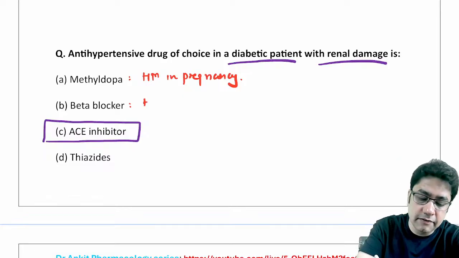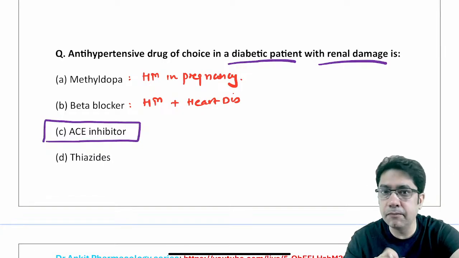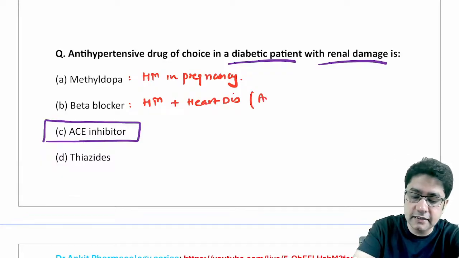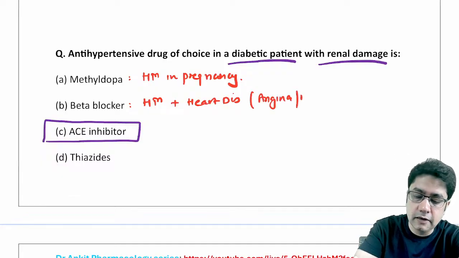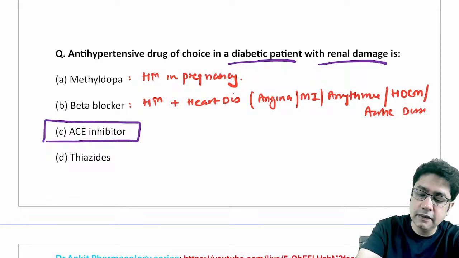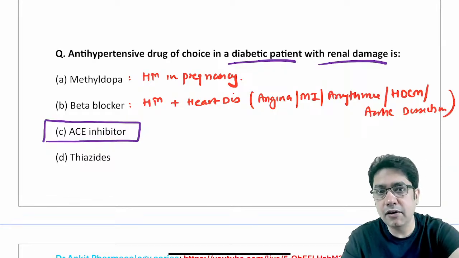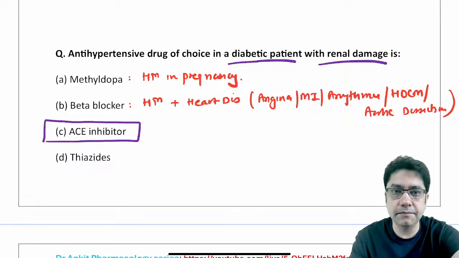Beta blocker is given for the treatment of hypertension with heart disease, because beta blocker will also suppress the heart and protect it. Let's write certain heart diseases like angina, MI, arrhythmia, HOCM, hypertrophic obstructive cardiomyopathy, aortic dissection. So any hypertension with heart disease word comes, then your drug of choice will become beta blocker.